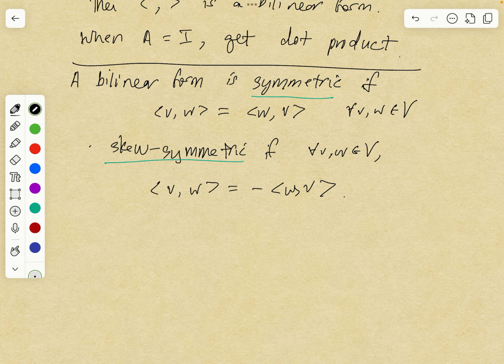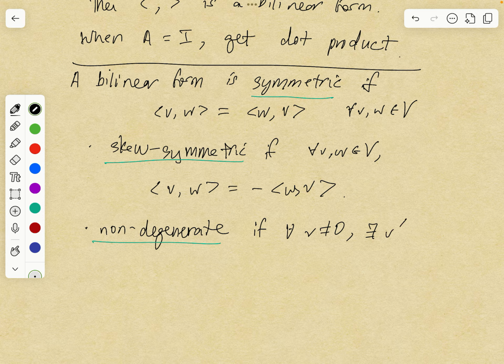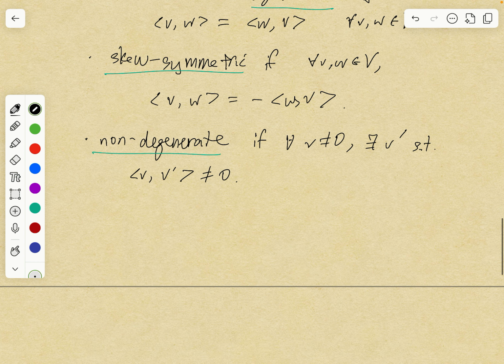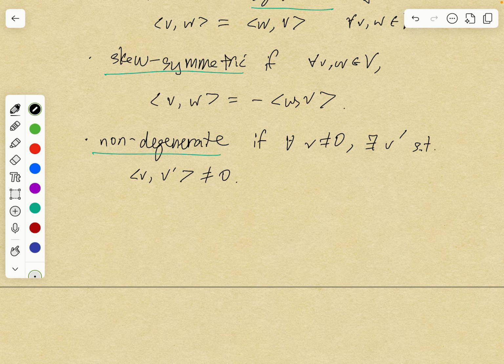Okay, and another definition: a bilinear form is non-degenerate if for all v not equal to 0, there is a v prime in V such that the form of v and v prime is not 0. Most of the interesting bilinear forms we're going to look at are going to be non-degenerate.